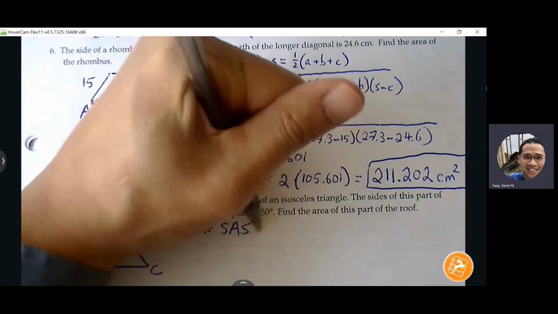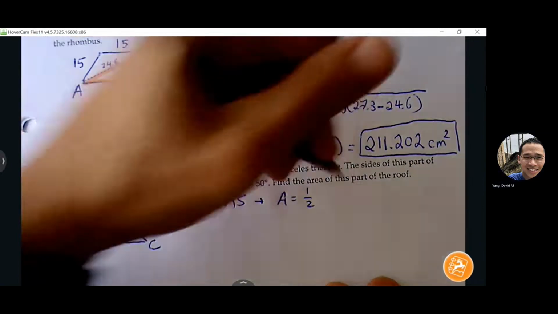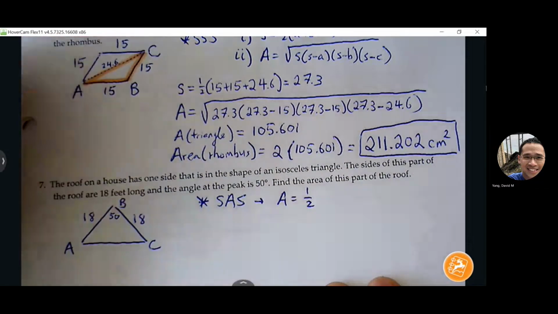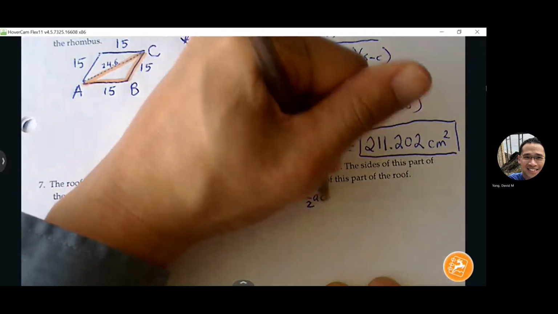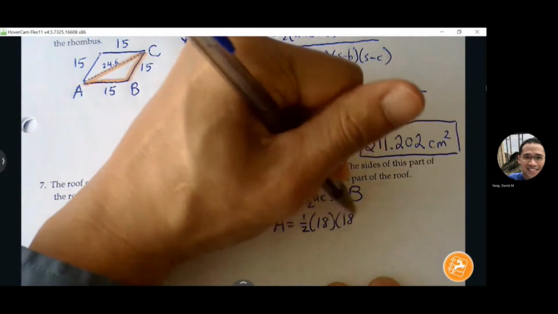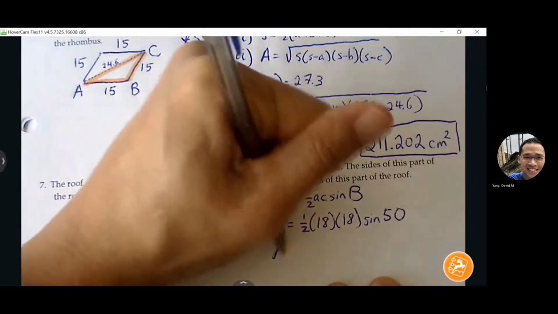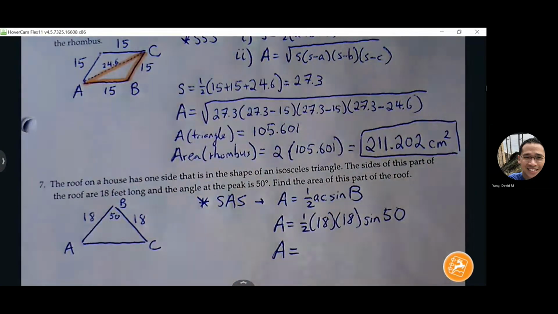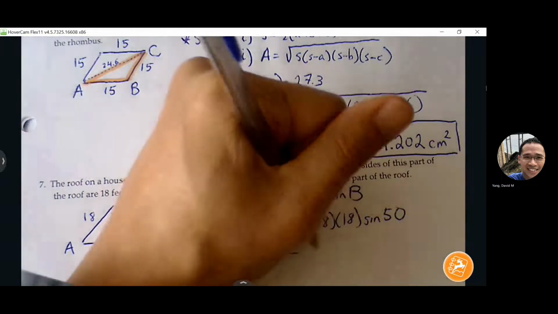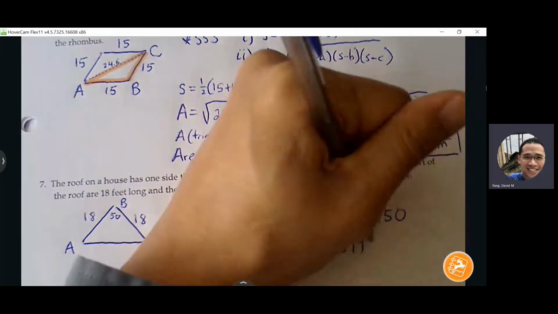So we use our formula for side angle side, 1/2 side, side, sine of the angle. Okay, remember with area, we have units squared.